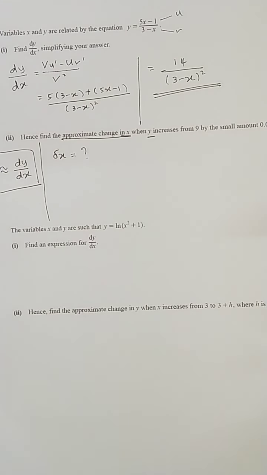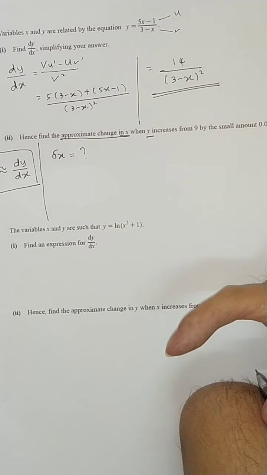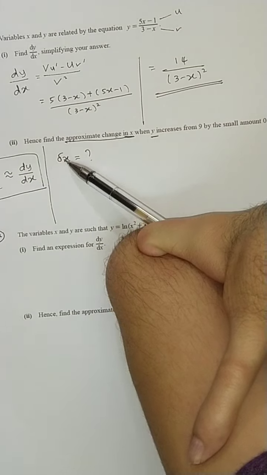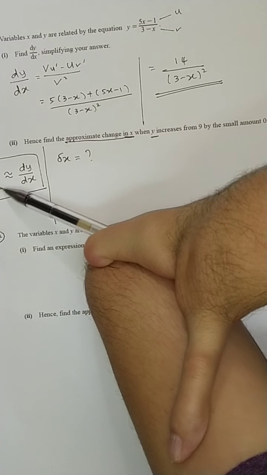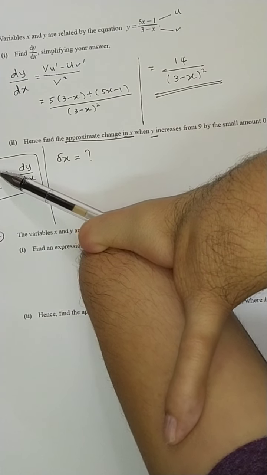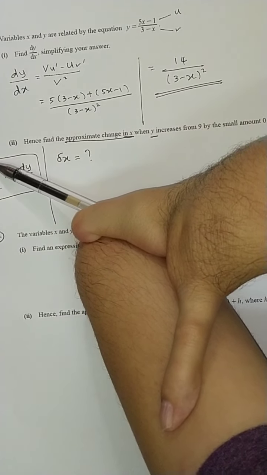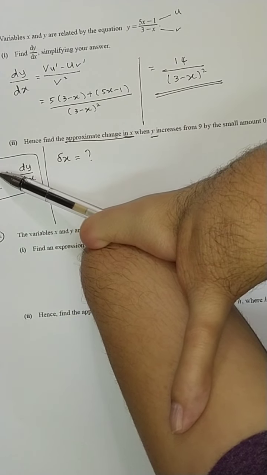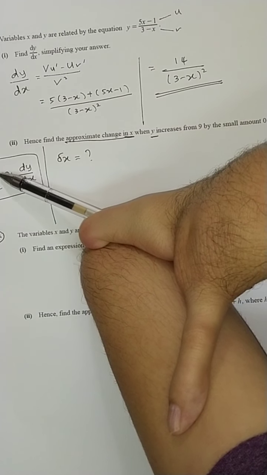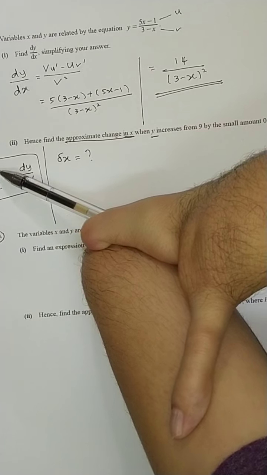Looking at this formula, delta x is the one that we are looking for. What is this delta y? This delta y represents the increment or the approximate change happening in y.